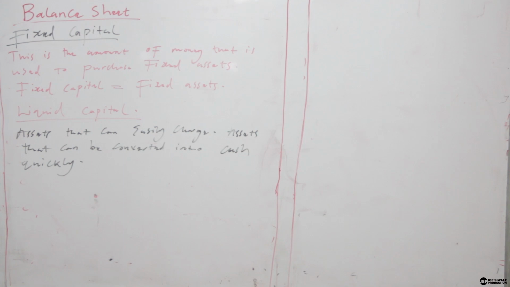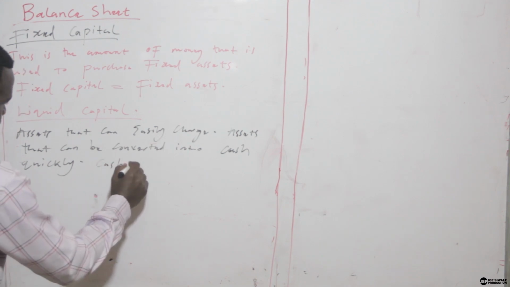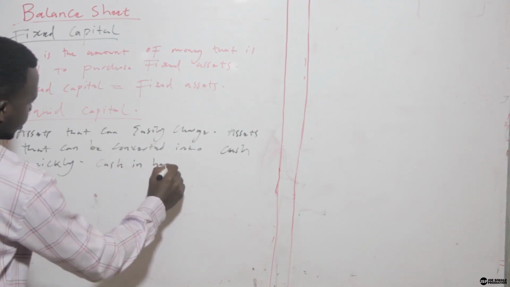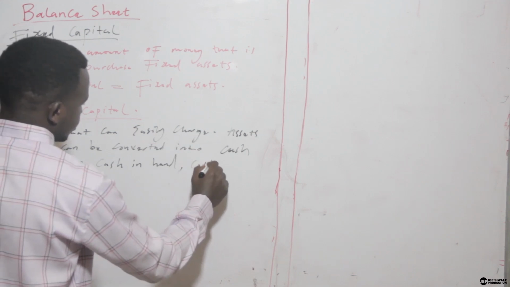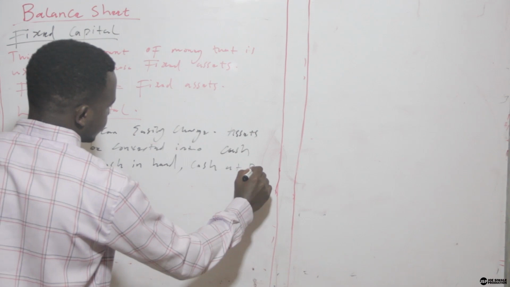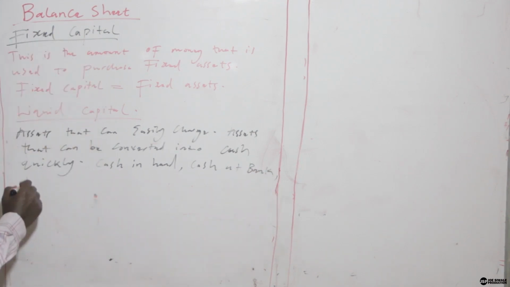And giving examples of liquid capital, there we are going to have cash in hand, which is more liquid, then followed by cash at bank. Then also having debtors.